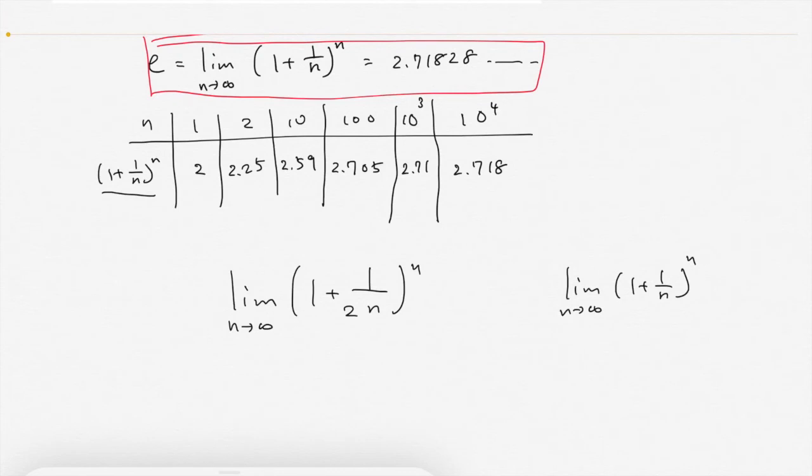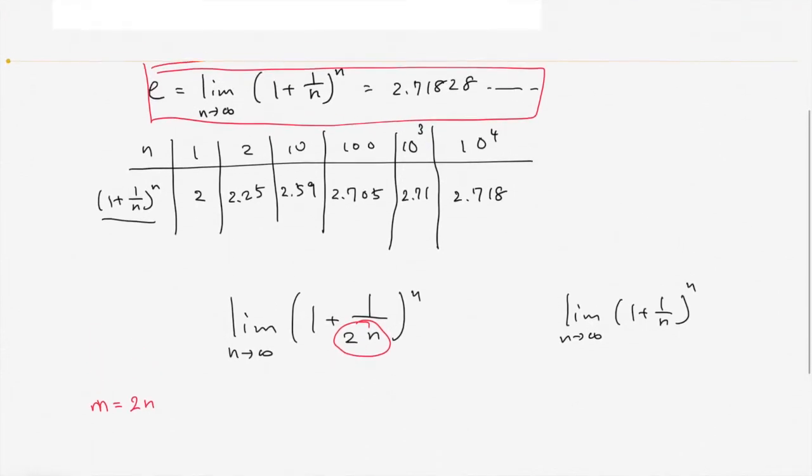What's different is the 2n. So we'd like to change this 2n to n, but maybe it's better to use a different letter. Let 2n equal m. Then these equations can be expressed this way.